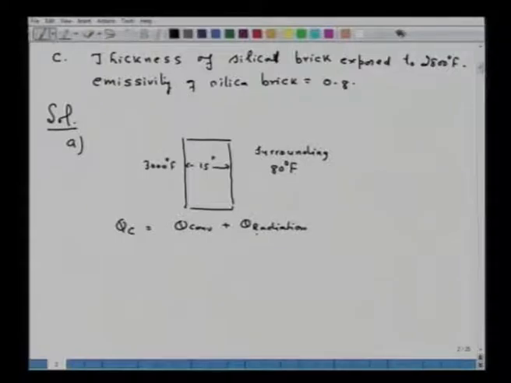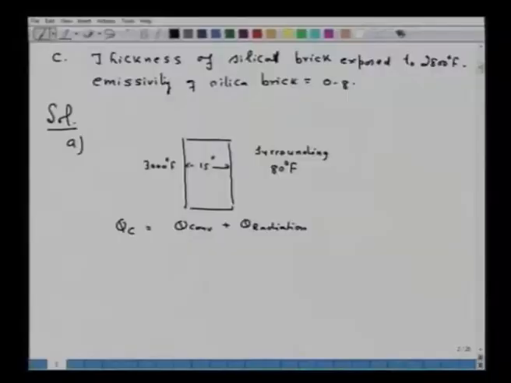Heat transfer from the furnace to the wall exposed to the surrounding will occur by conduction, and from that exposed wall the loss will occur through convection and radiation. So, all that we have to do is equalize both of them.